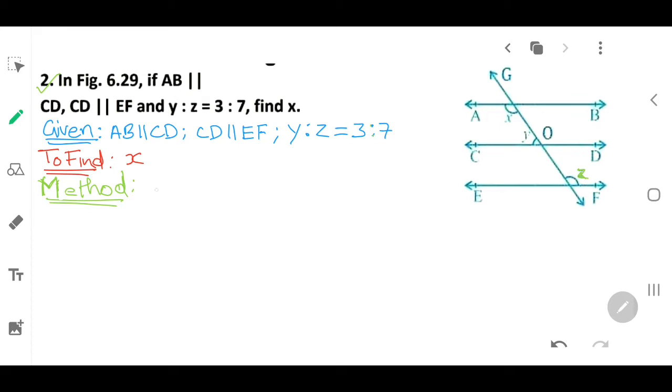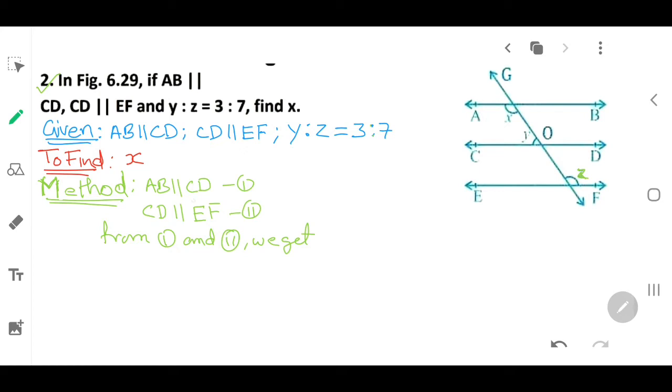So we'll use the method: AB parallel to CD, take it as first. Then CD is parallel to EF, take it as second. So from first and second, what will we get?